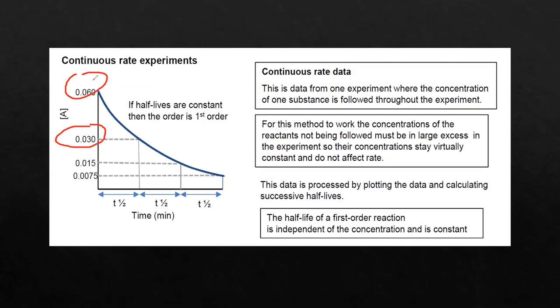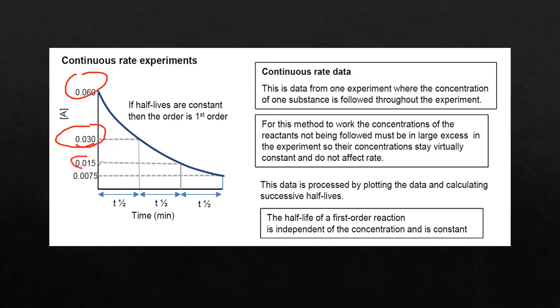So you can measure the half-life. Half-life means time taken for half of the reactant to form a product. So if it was 0.06, a half-life will be when 0.06 changes to 0.03. Then another half-life is 0.03 changes to 0.015. Another half-life 0.015 changes to 0.0075.